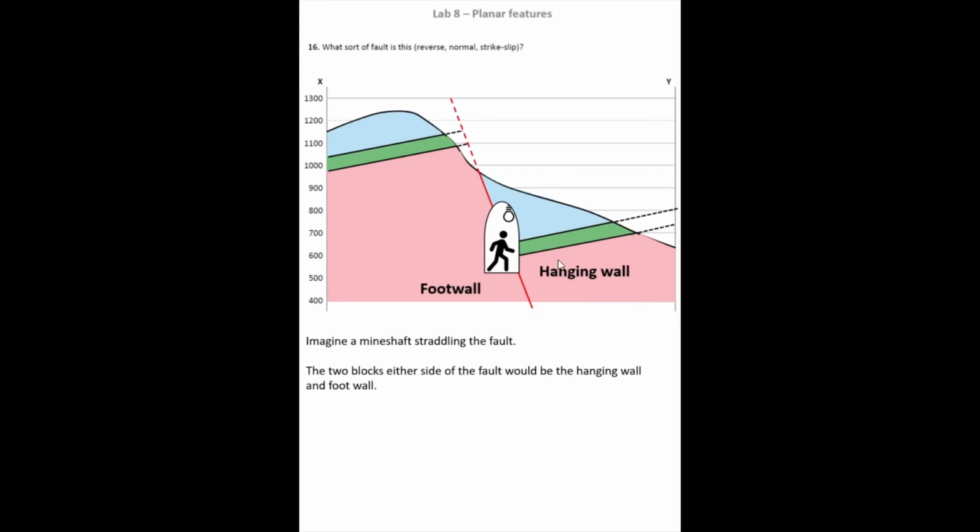Okay, so what we can see, if we're using these terms footwall and hanging wall, is that the hanging wall has moved down relative to the footwall. Whenever you have a movement of the hanging wall down relative to the footwall, that is the sense of movement that defines normal faults. Okay, so the fault that we've got is a normal fault, and we've worked that out based on the dip of the fault plane and the relative movement of the hanging wall and the footwall.